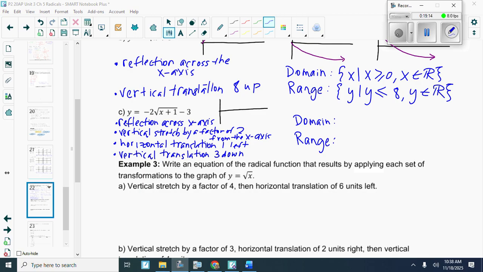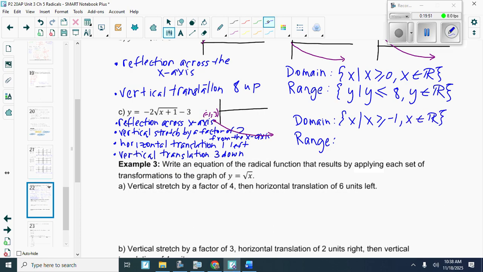If I were to draw that, in my mind I have my regular function, now I'm reflecting it, so it's going down. I move it 1 to the left and 3 down, so I'm over here. This point here is at -1, -3. So my domain is affected by the radicand: x such that x has to be greater than or equal to -1.